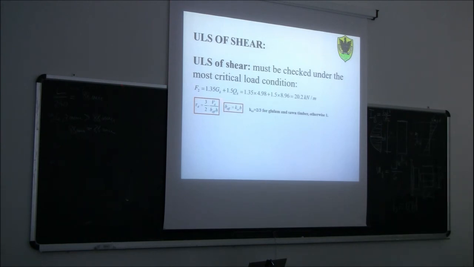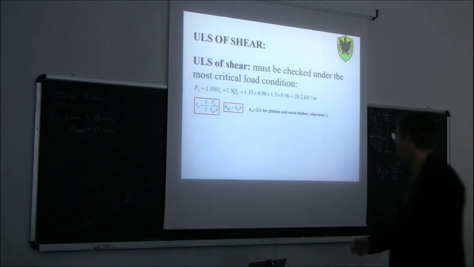And the formula is here, it's 3 divided by 2, so 1.5 times the design shear divided by the cross section. The cross section, as you can see, is not B times H, but it's B effective times H.